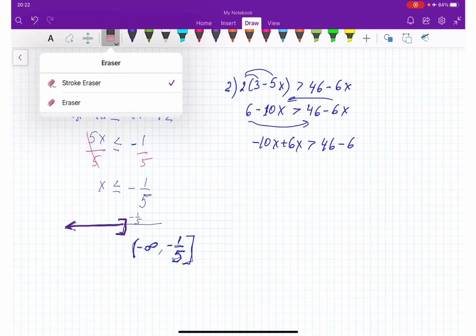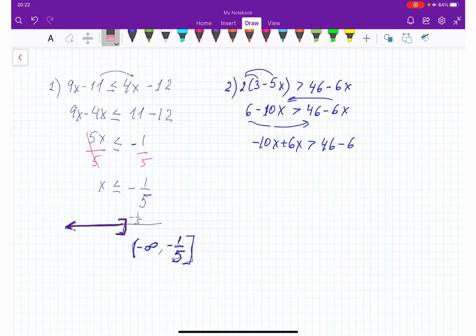So we are going to get negative 4x greater than 40. So we divide by negative 4.